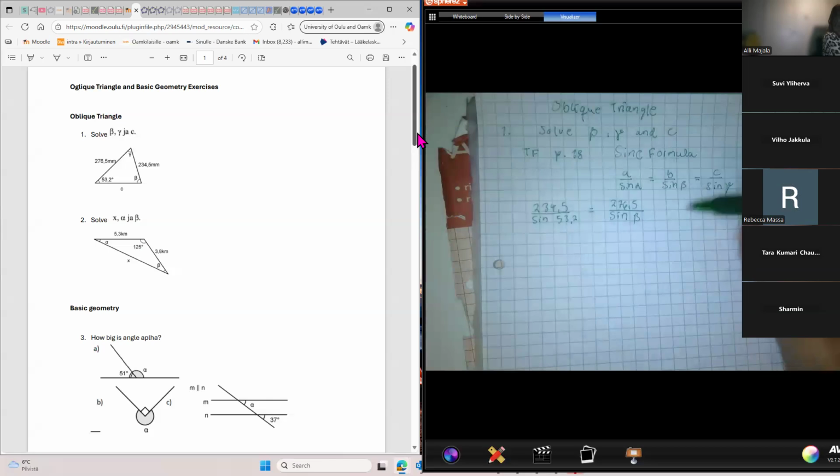So here I could progress, for example, with the cross multiplication, or multiplying at the same time with the sine beta.